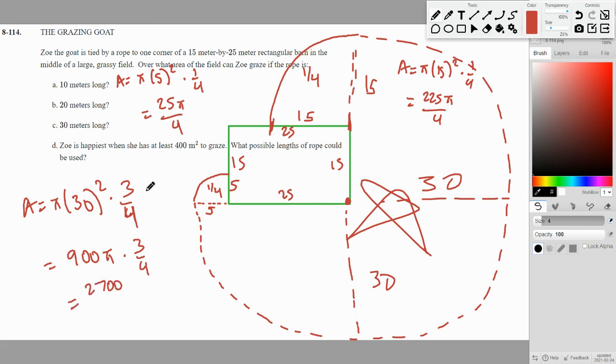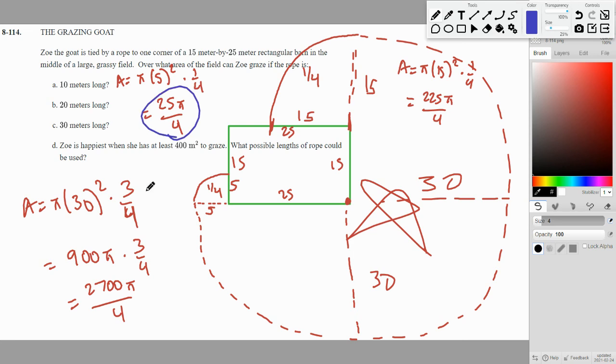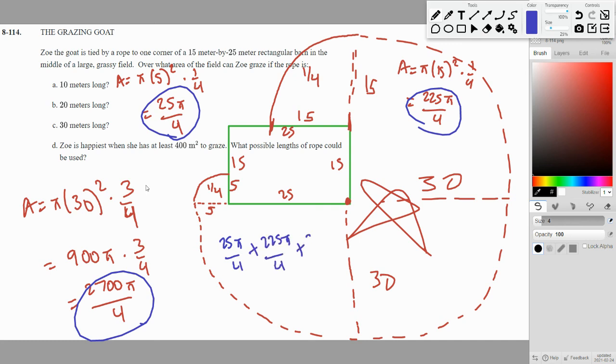So as a whole, this would be 2,700 pi divided by 4. Our total area is adding all 3 of these individual areas together. So we would have 25 pi over 4 plus 225 pi over 4 plus 2,700 pi divided by 4.